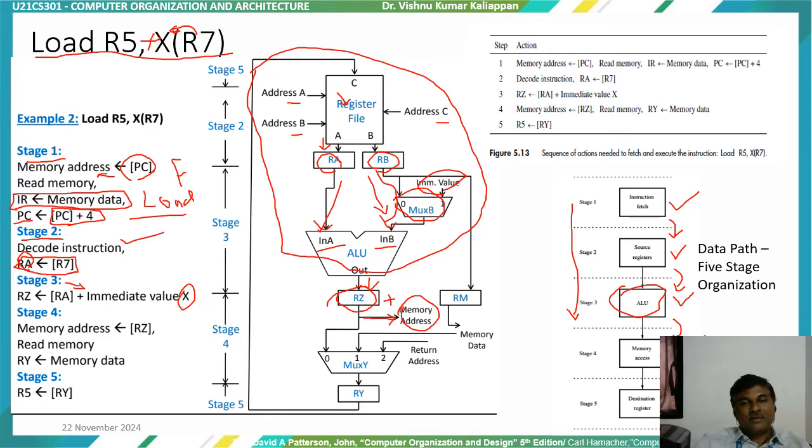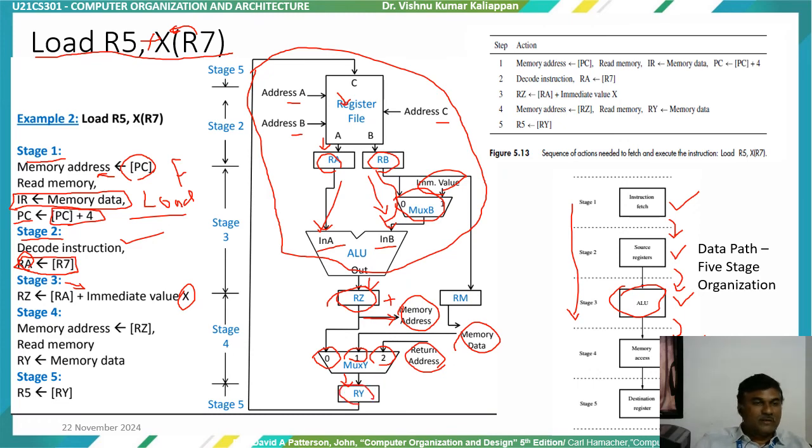Here you have a 3-to-1 multiplexer, with inputs 0, 1, 2. If it is set to 0, it is pushed directly to RY. If it is set to 1, it gets the memory data, and if it is 2, it goes to the return address. Let us take the example of 0, where it moves to RY.